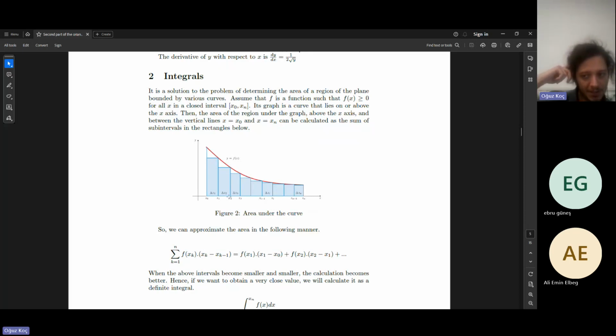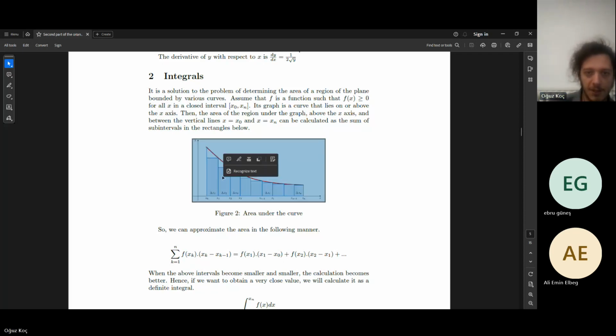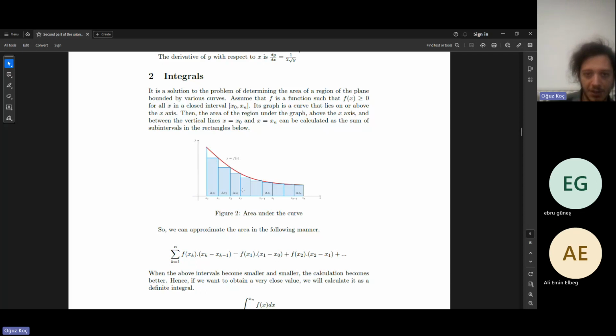You can imagine that when you use this approach, you don't have a perfect calculation, because you miss some areas in the region.